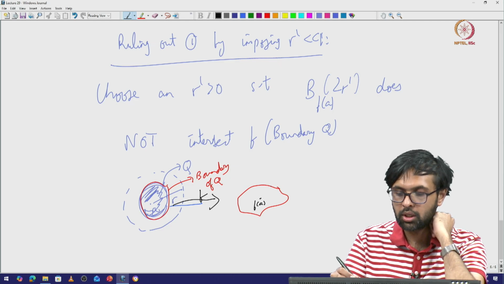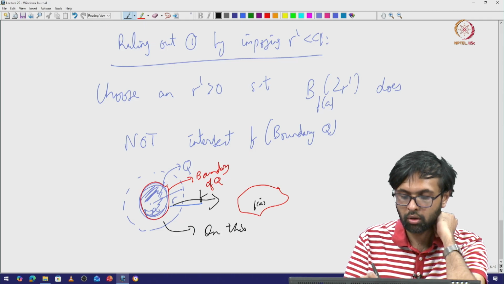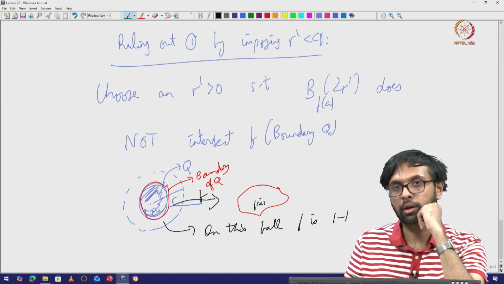Okay, the point here is on this ball, f is 1 to 1, right?